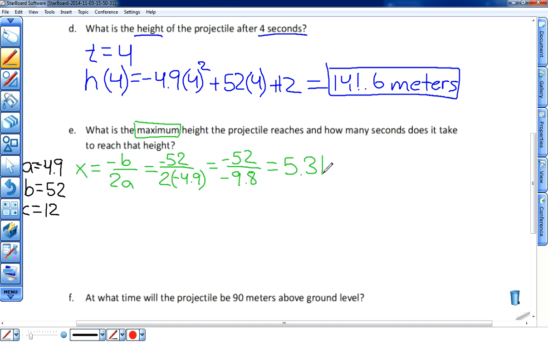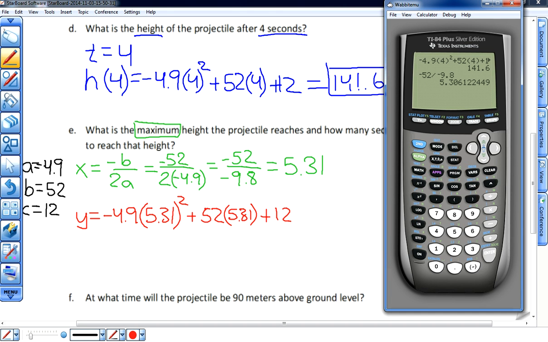To find the y-coordinate of our vertex, we simply take our x-coordinate and plug it into the x location of our equation. So we essentially want to find what negative 4.9 times 5.31 squared plus 52 times 5.31 plus 12 is. So we're plugging the x-coordinate into our function and solving for y in order to get the y-coordinate of our vertex.